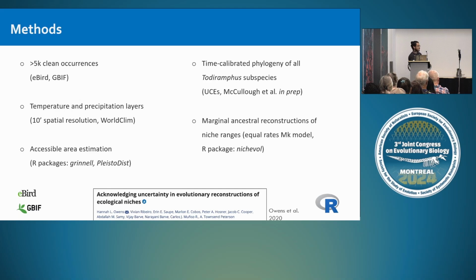I did some estimations of accessible areas using packages like Grinnell and Places. I used a time calibrated phylogeny from collaborators that I will invite you to see Jenna's talk tomorrow. And we did marginal ancestral reconstructions to estimate ancestral niche ranges with the package Nicheable, and that's based on that paper from Hannah Owens in 2020.